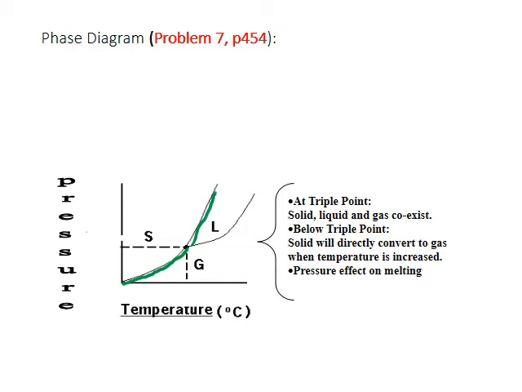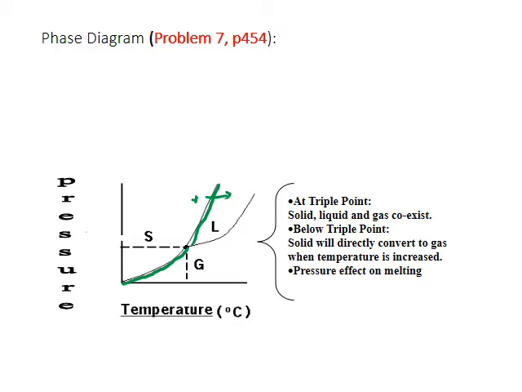It goes like this. On its left side you have solid, on the right side you have liquid. I'm talking about above this point. That's true for this green curve.